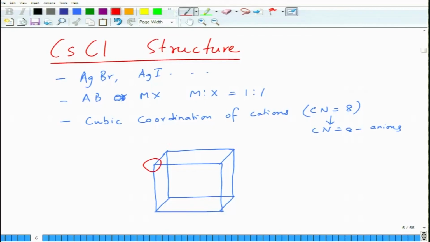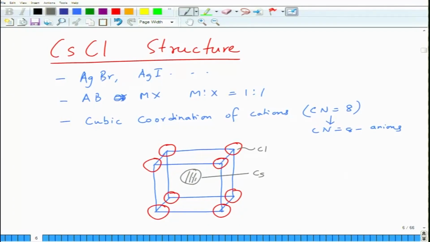These are chlorine atoms, and the cesium atom goes right at the center of the unit cell. So this is chlorine, this is cesium.